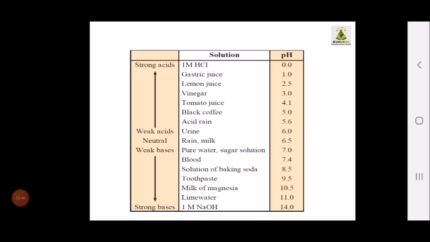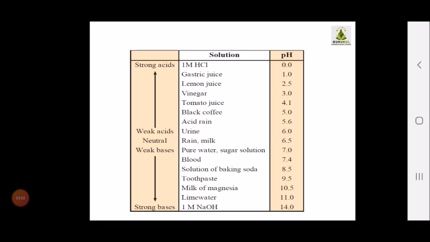So children, till now we have studied the concept of pH, then which substances are known as acidic and which substances are known as basic and which substances are known as alkaline.